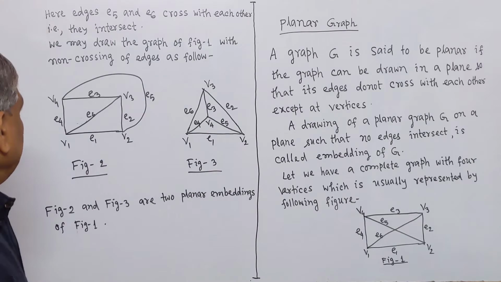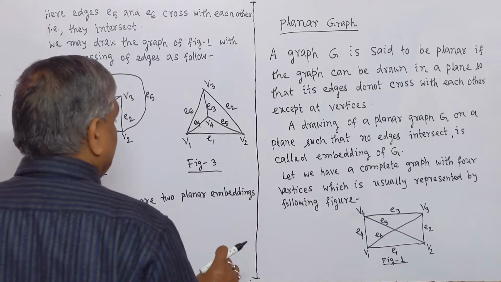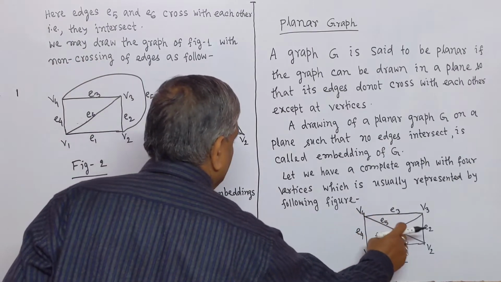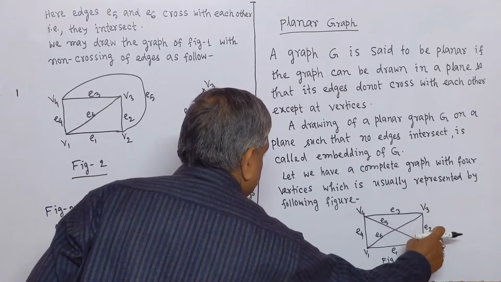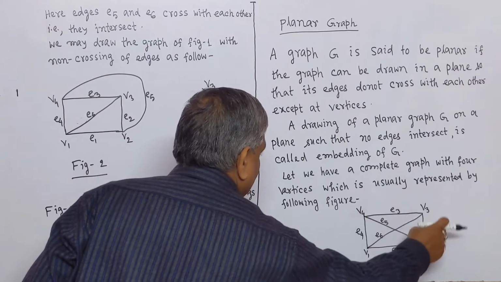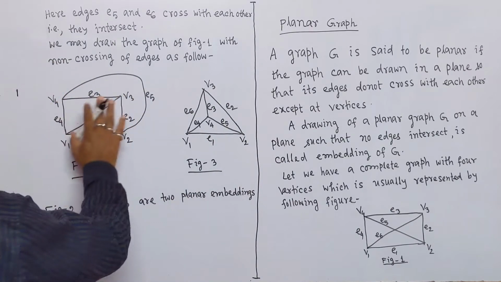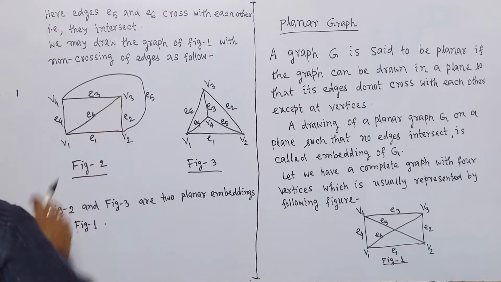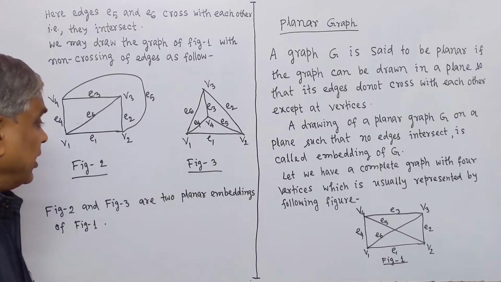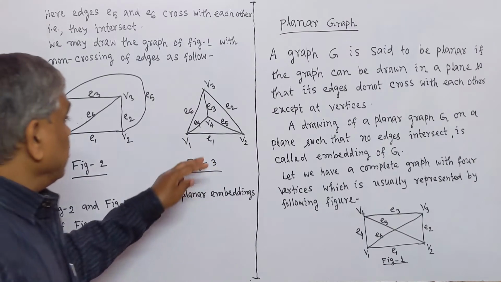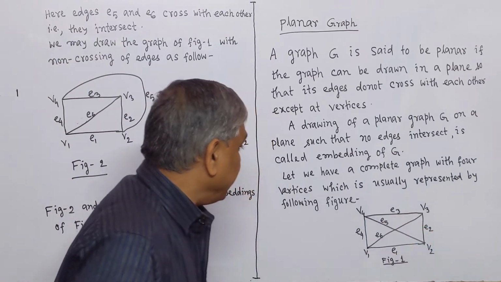In figure 2, we see that we have taken the edge E5 outside this figure connecting V4 and V2, and other vertices and edges remain in the same position. In figure 3, here we see that V1, V2, V3 be vertices.